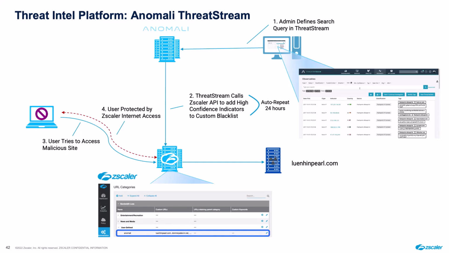That creates a payload that is pushed through the API to Zscaler to block those URLs. The URLs will then auto-repeat, meaning that we'll update the Zero Trust Exchange periodically with any custom definitions. When a user tries to access a malicious site, those custom definitions are applied in the form of URL block lists, and the user is blocked from accessing those transactions.